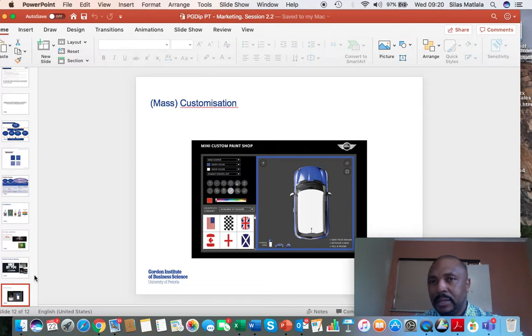And some of these examples just make you stand out, by giving ownership of a property to the target market, because it's all about differentiation.